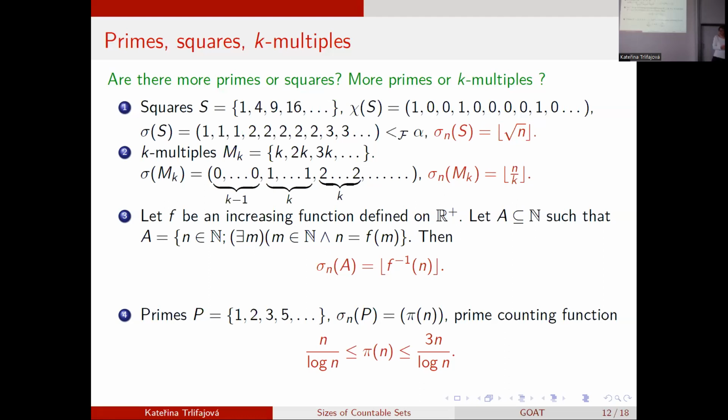So when we know all these things, we can say that the size of squares is even infinitely less than the size of primes, which is infinitely less than the size of all k multiples for any k. So it is possible to say this from these easy equations.